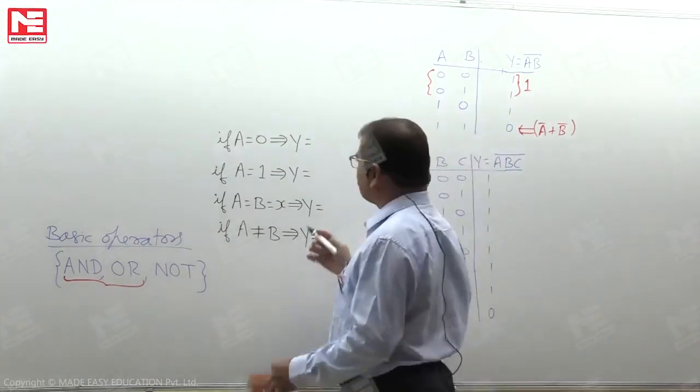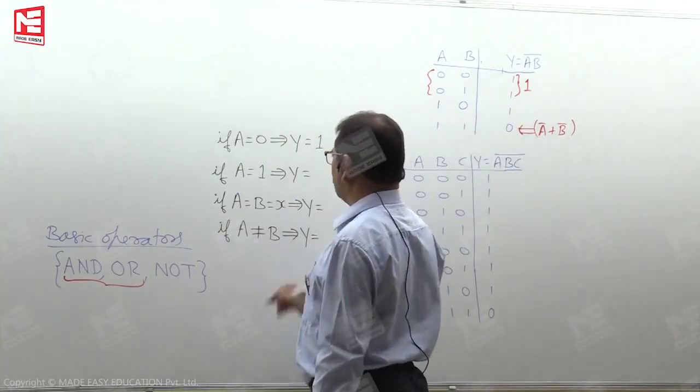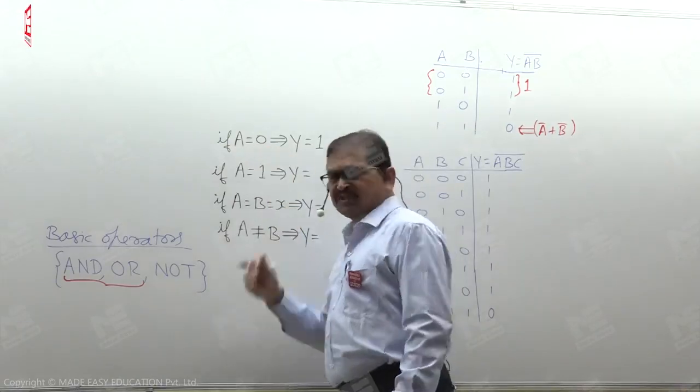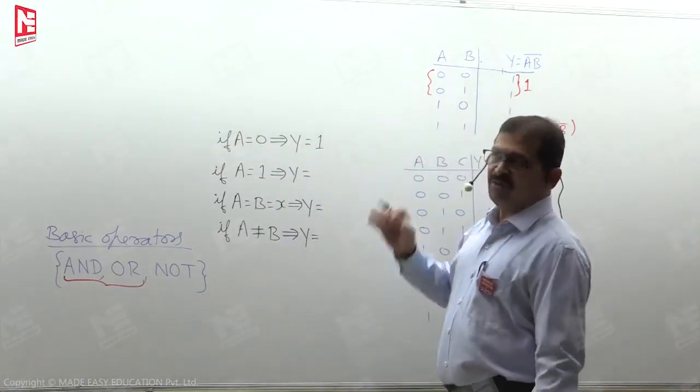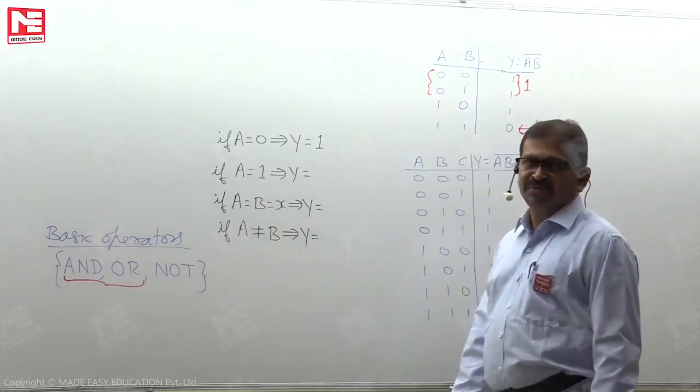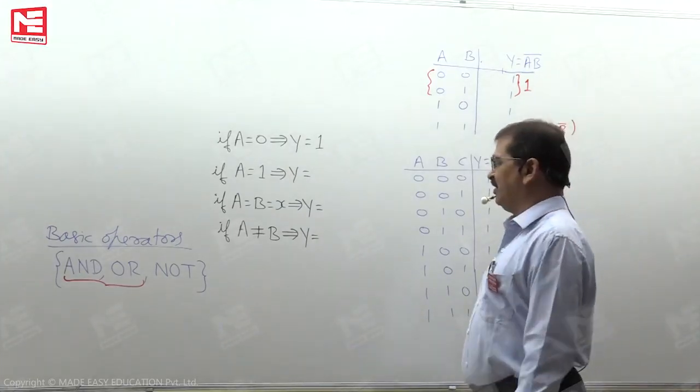So irrespective of B, the output is 1. In fact, that is the definition of the NAND operation: as and when at least one input is 0, the result of the NAND operation is 1.